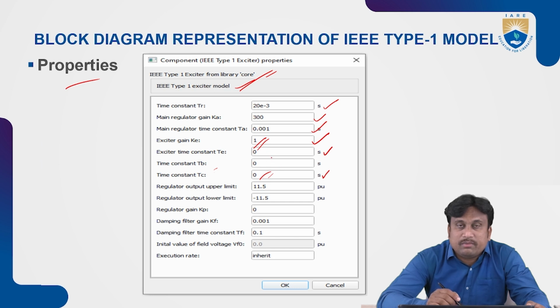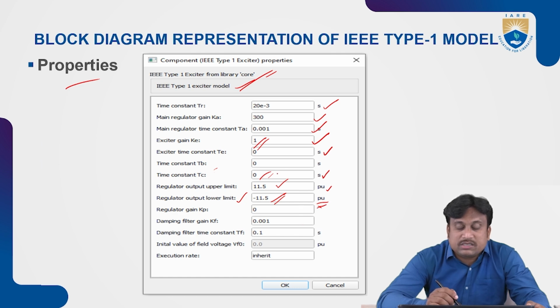Regulator output will be represented with an upper limit, that is positive in sign, 11.5 in per unit values. And the lower limit of the regulator output is minus 11.5. This is also in per unit value.